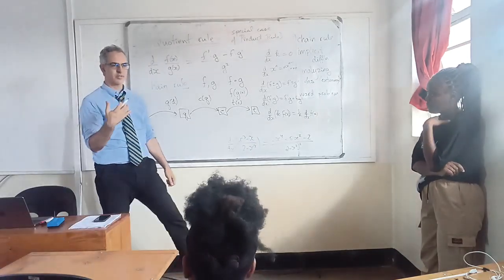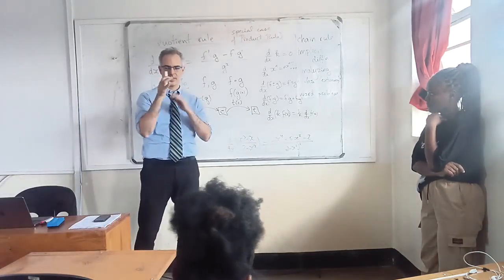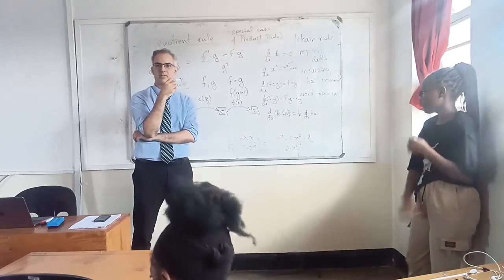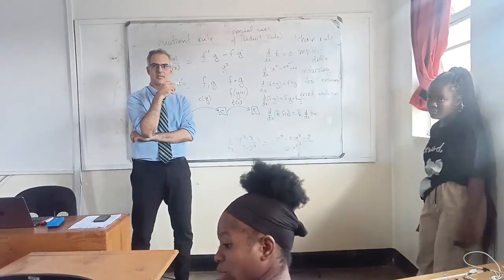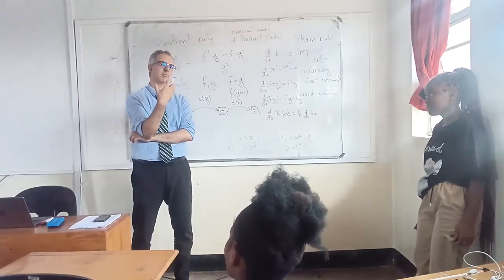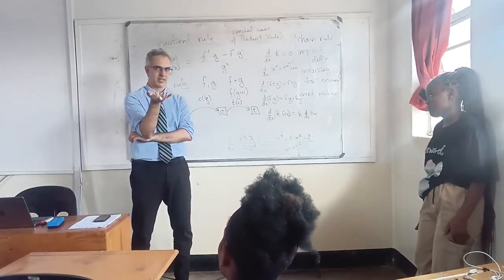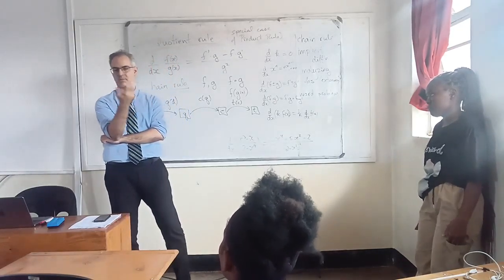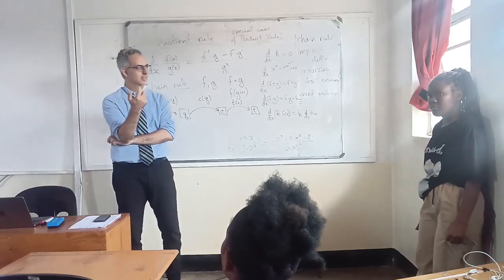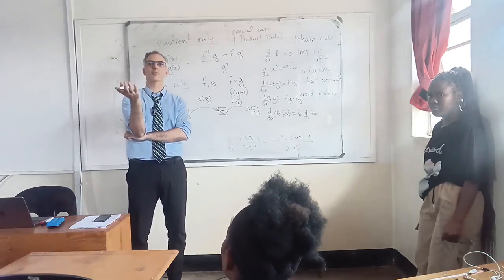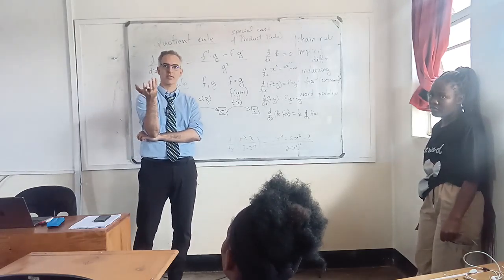Explain what you're thinking of there. Like these functions mean something, this is an example from the real world, right? Or from your business class. Output, what is the output? What's the thing being made?